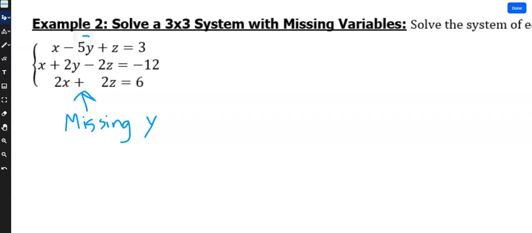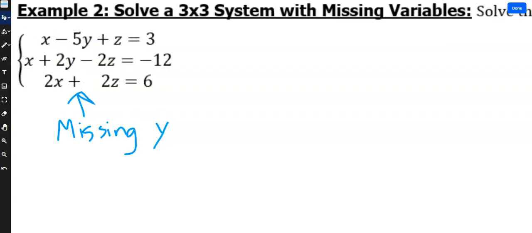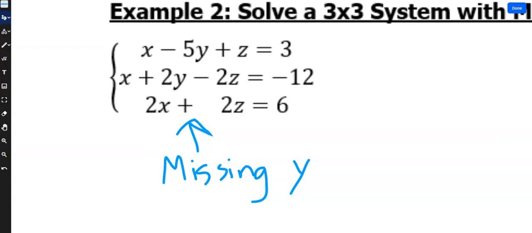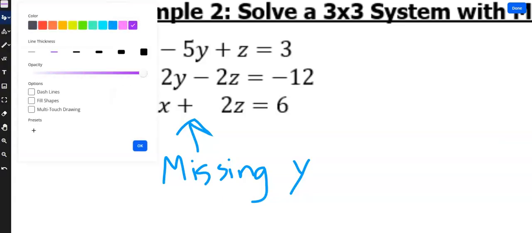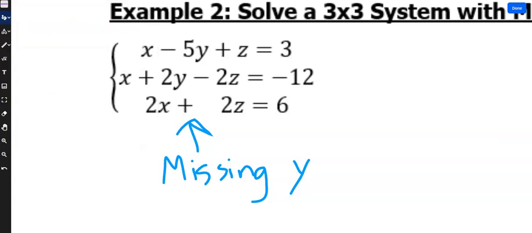But they're forcing me to use the first 2 equations to get rid of y. Okay? So that may or may not be as easy as you think, and in this case, I'm going to have to multiply the top equation by 2 because I'm trying to get this one to be negative 10, and I want this one to be positive 10, so I'm going to have to multiply this one by 5.